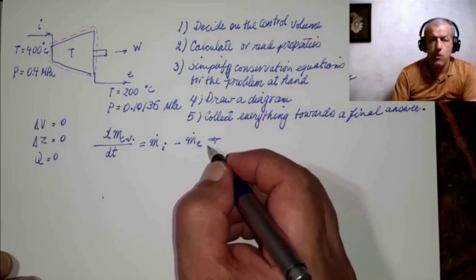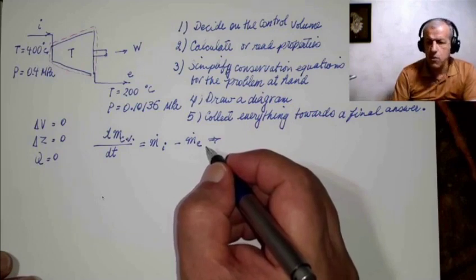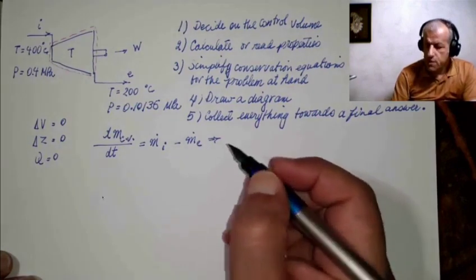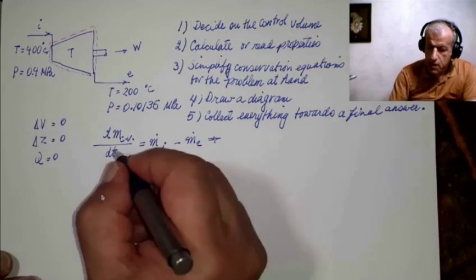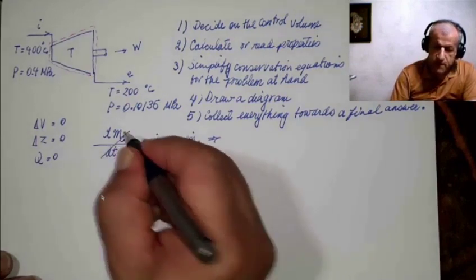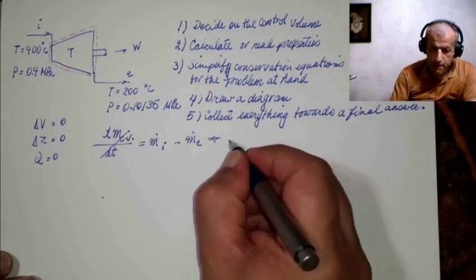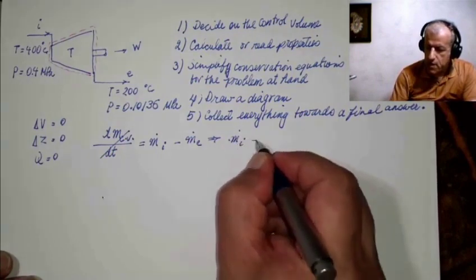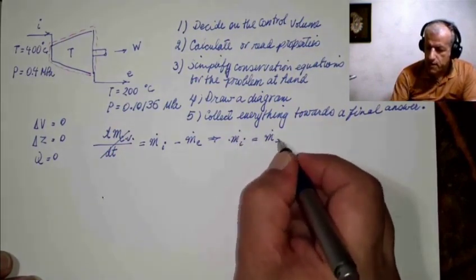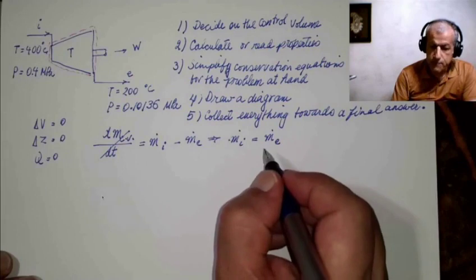We have no start, initial point, or an end point. So the problem is continuous. Therefore, this term vanishes and we have m dot I equals m dot E.